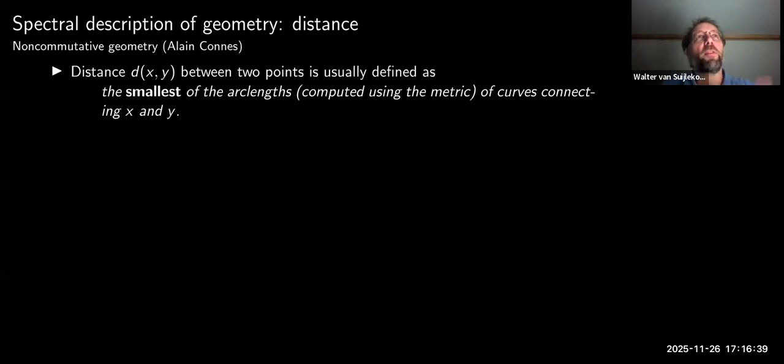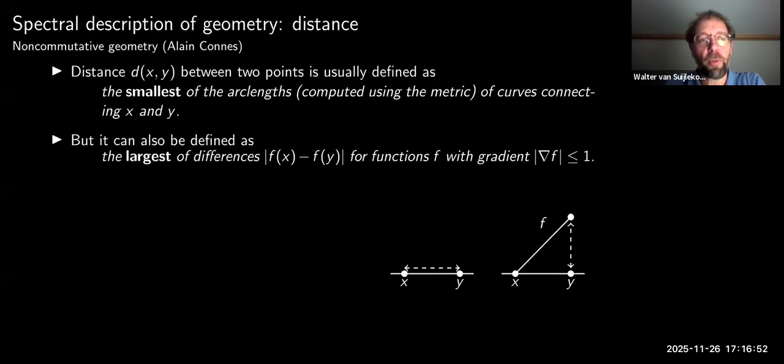Now, if you want to translate this more in terms of function algebras or actually more generally C-star algebras, you have to dualize this definition. And actually what you can do is the following.